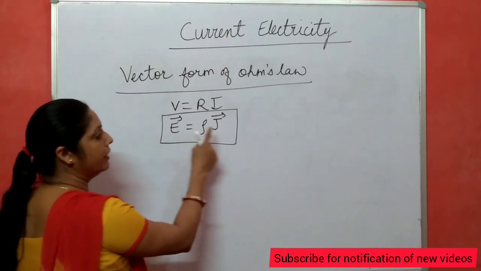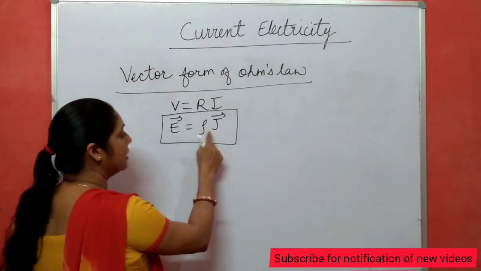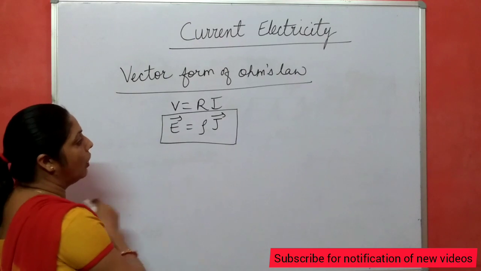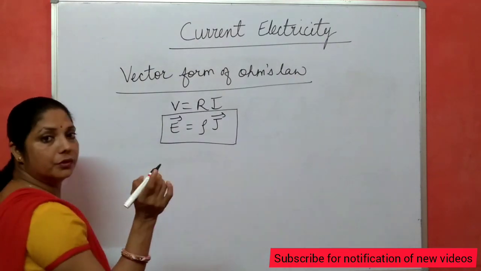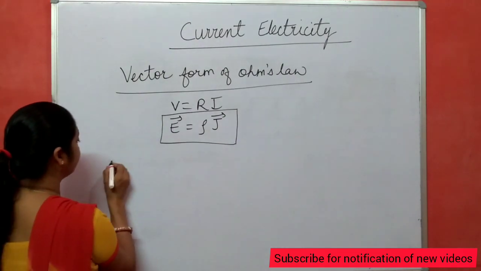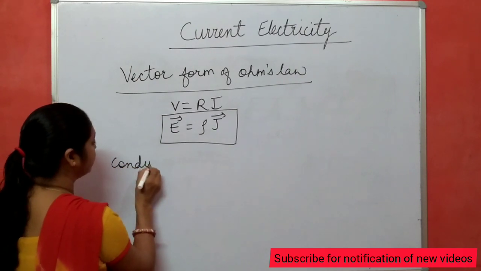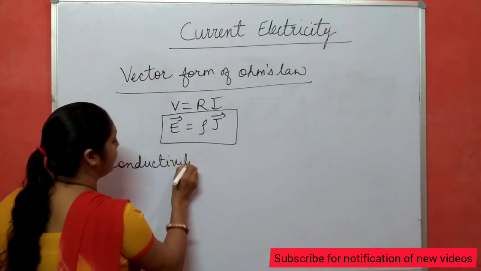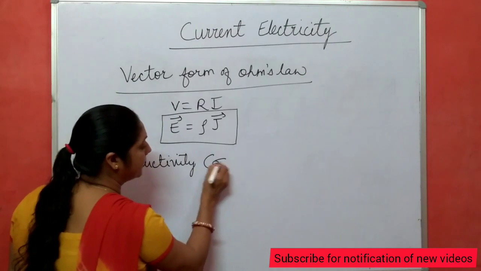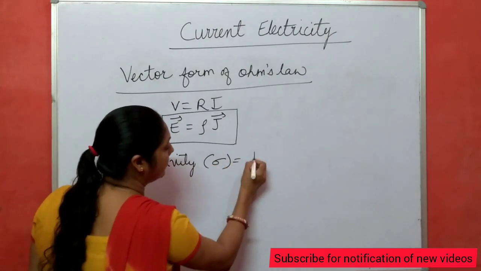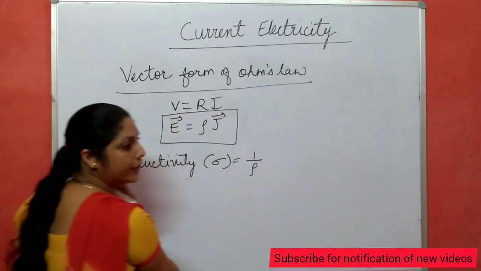E is the electric field, J is the current density, rho is the resistivity. Also, you have heard the word conductivity. Conductivity is represented by sigma, and it is the reciprocal of resistivity.